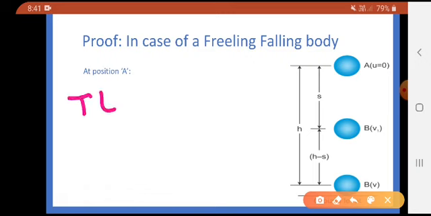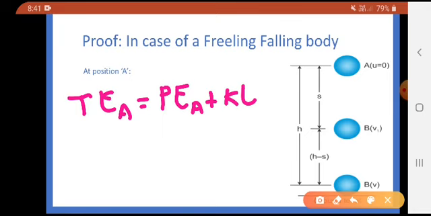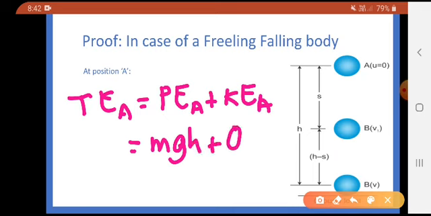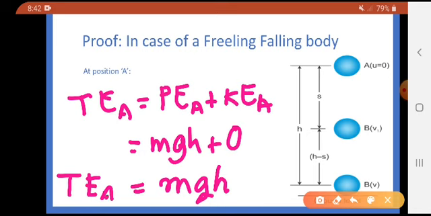So total energy at A equals potential energy at A plus kinetic energy at A, which is mgh plus 0. So total energy at A is mgh.